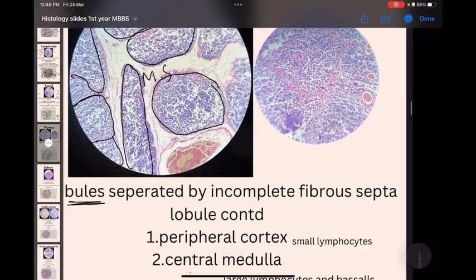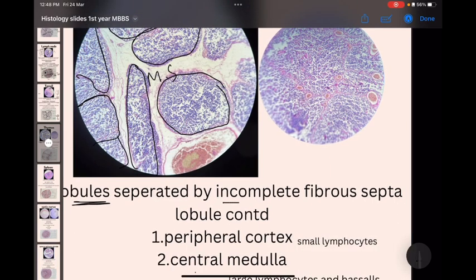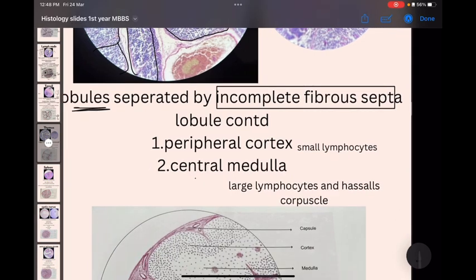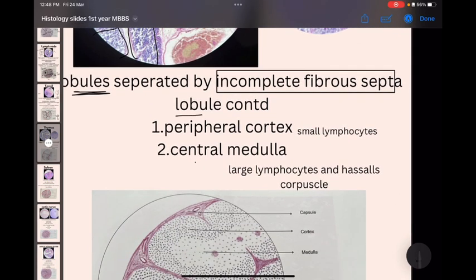These are separated by incomplete fibrous septa. This is a very important point. Here we consider a lobule as the principal unit.